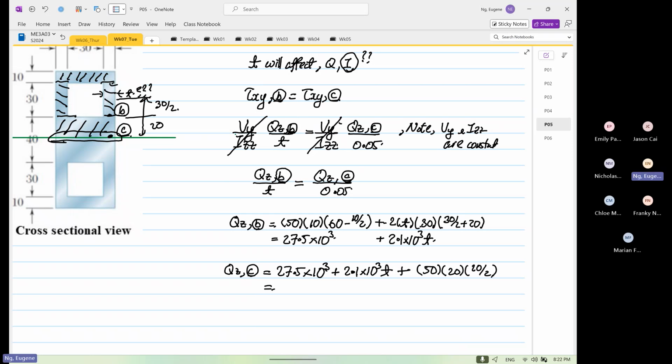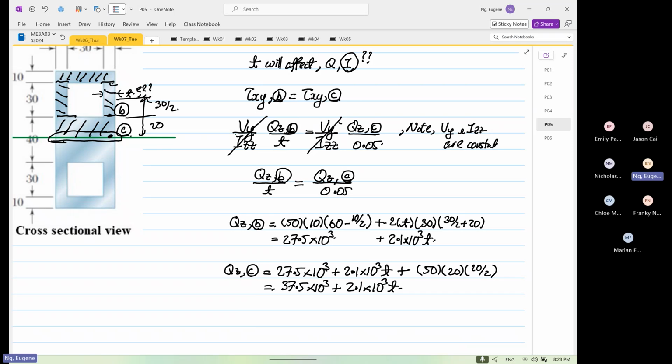So this is equal to 50 times 20 times 20 divided by 2 plus 27.5 times 10 to the power 3, which is equal to 37.5 times 10 to the power 3, then plus 2.1 times 10 to the power 3 t.